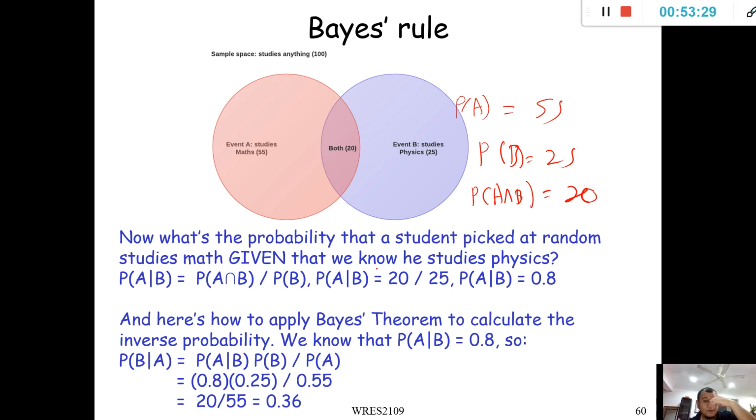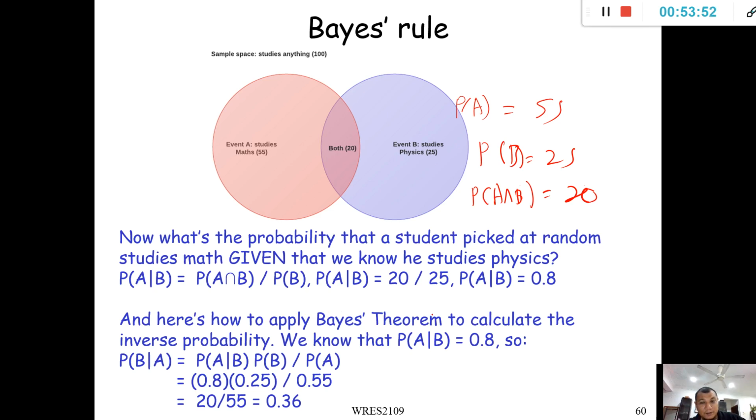So P(A given B) is a conditional probability, P(A and B) over P(B), equal to 20 over 25. Here you get 0.8.